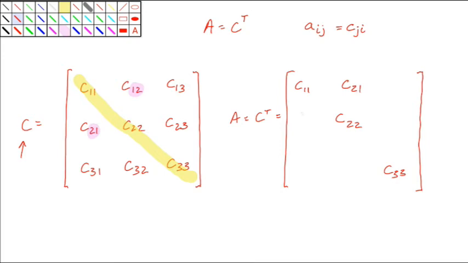And C12 gets placed here. This is also true for the other elements, and we have C31 and 1,3, so we're going to swap those. And finally, we have 3,2 and 2,3.